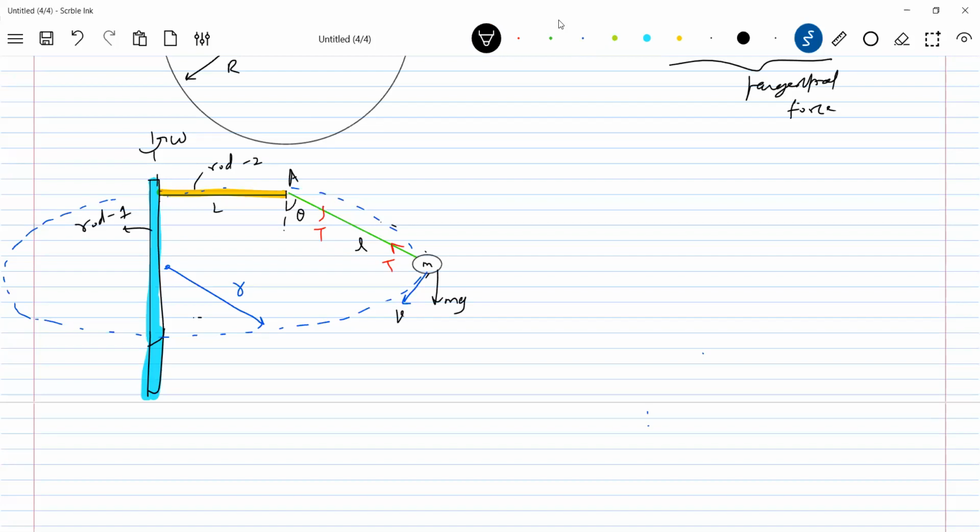Component of tension: T cos theta minus mg equal to 0. T sin theta is equal to mv square by r. What is r in the diagram? Radius, no? So what should r be? r should be equal to L plus L sin theta.